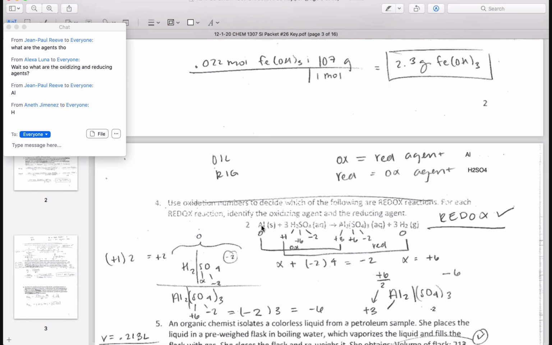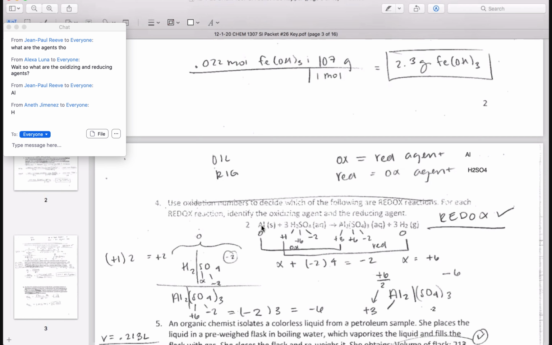The reducing agent is aluminum, and the oxidizing agent is H2SO4. And it says, is it a redox reaction? And the answer is yes. This is a very dense question, with a lot of answers. Any other questions?